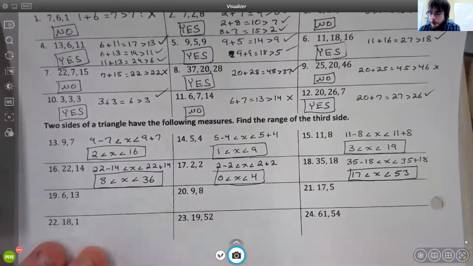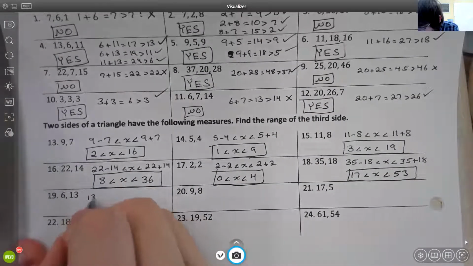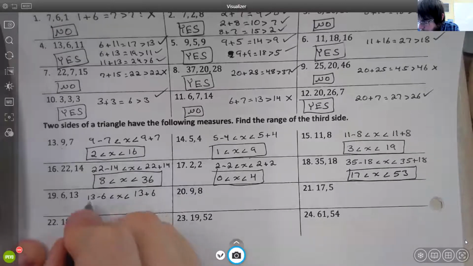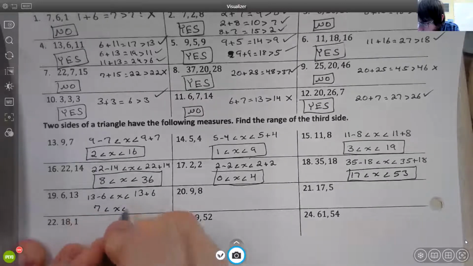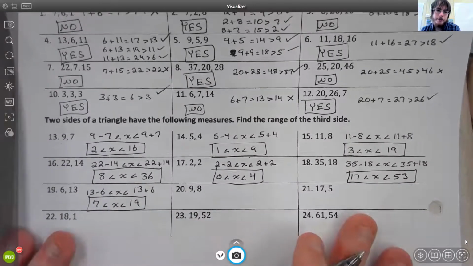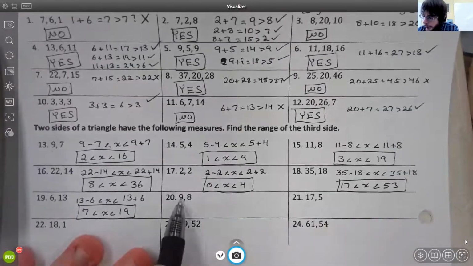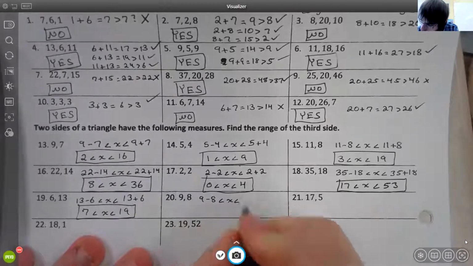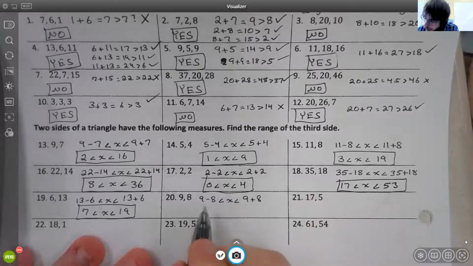All right, number 19, we have 6 and 13, so we're going to do 13 minus 6, and then 13 plus 6. So we have 13 minus 6 is 7, 13 plus 6 is 19, so x has to be between 7 and 19 for number 19. Number 20, we have 9 and 8, so we're going to take 9 and subtract 8, and then we're going to take 9 and add 8. 9 minus 8 is 1, less than x, less than, and then 9 plus 8 is 17.